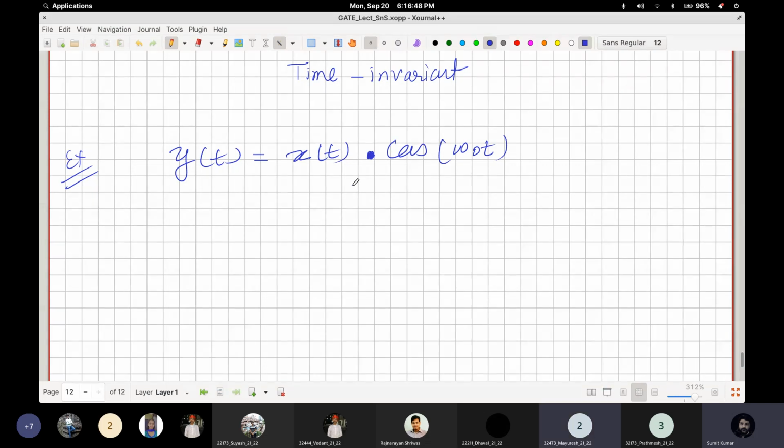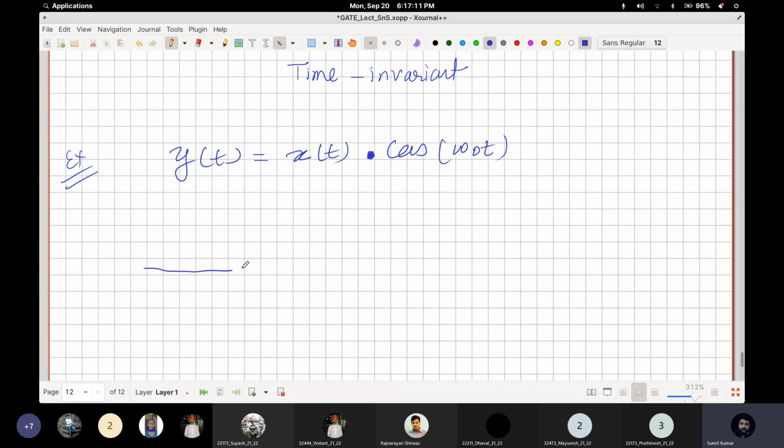Time variant, sir. That will be time variant. Everybody got this, or is anyone getting something else? Time variant. Let's check that with the help of the diagram.